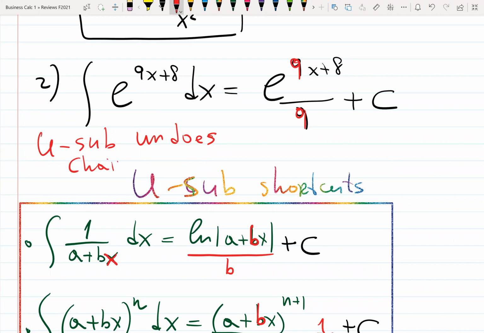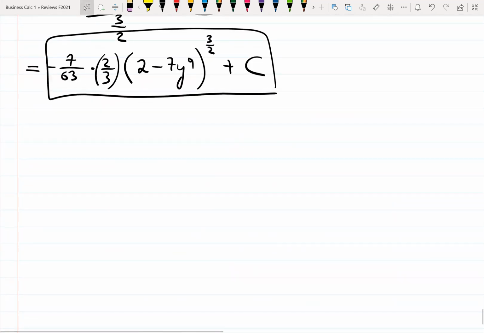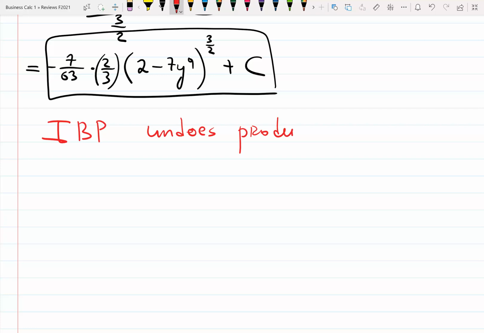Ironically, chain rule was harder for you than product rule. But somehow u substitution is easier than integration by parts for many. U substitution undoes chain rule, while integration by parts, that's IBP, undoes product rule. That is harder, surprisingly, to undo differentiation of a product.